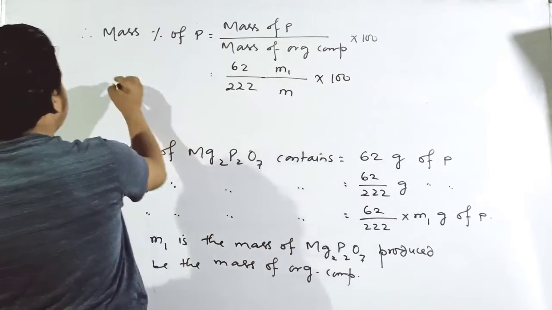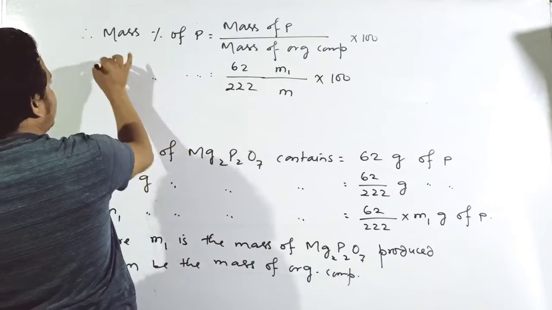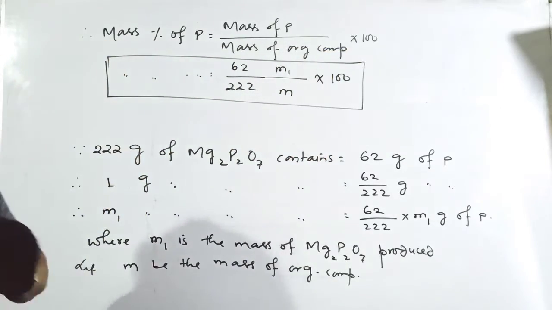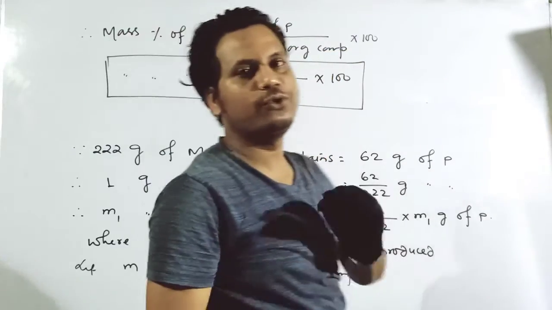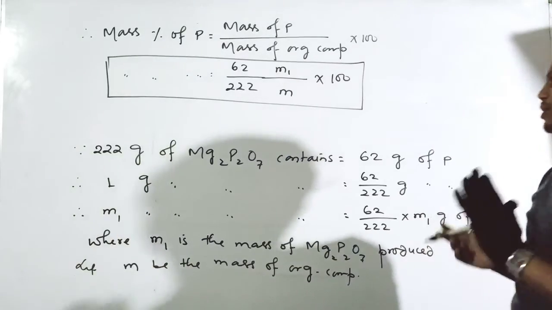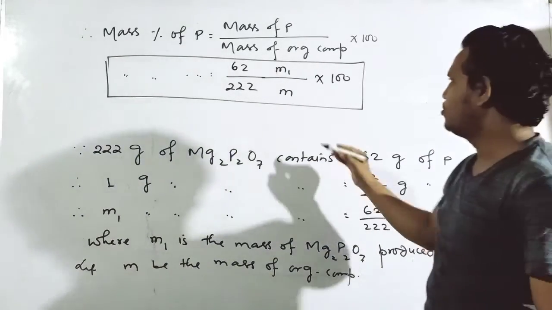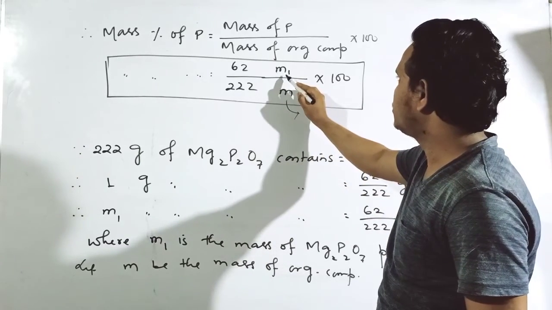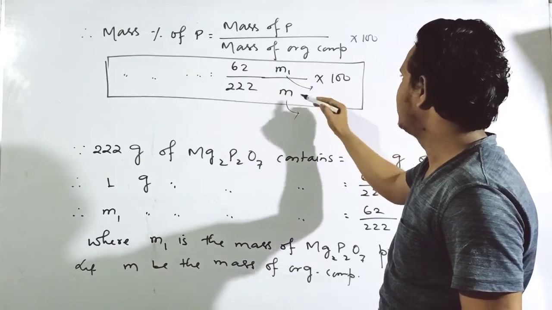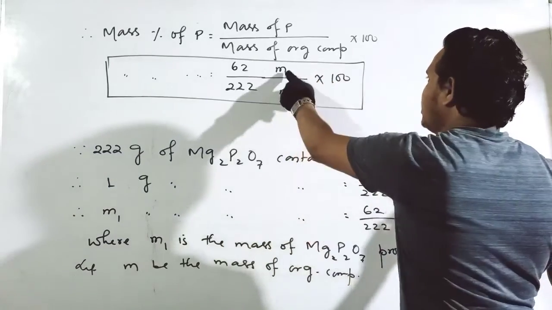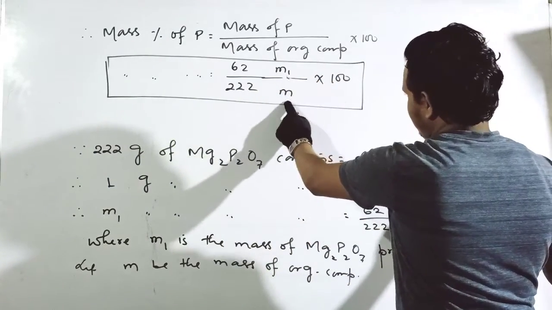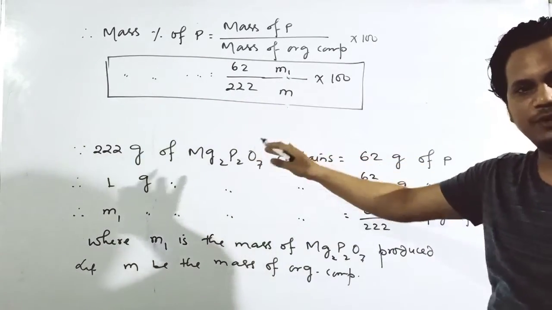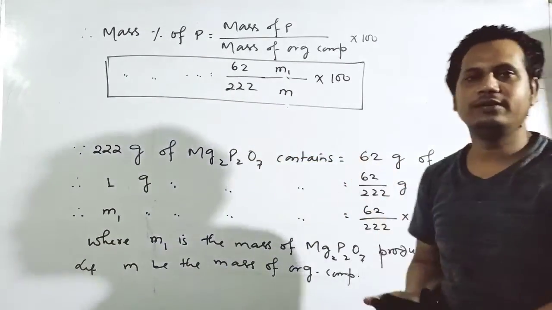So this is the mass percentage of phosphorus. So we have two options by which we can calculate it. In a numerical, the mass of organic compound and the mass of Mg2P2O7 will be given. Just put in the values and simplify; that will be our answer.